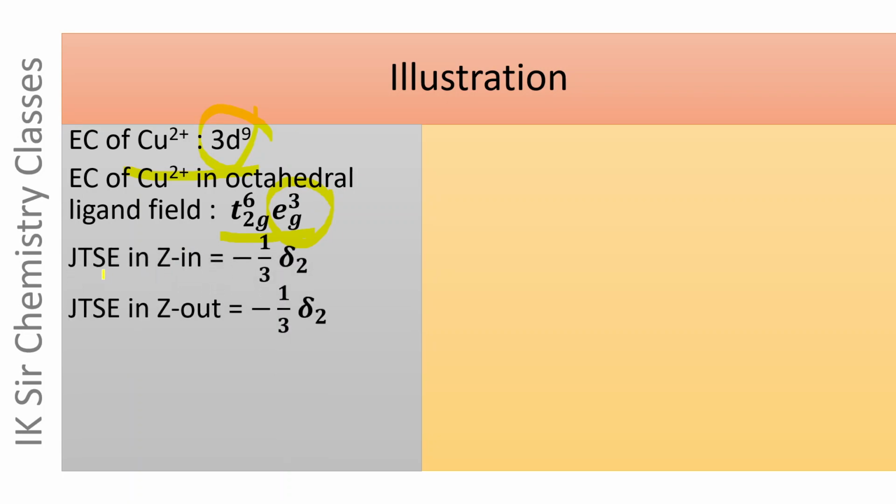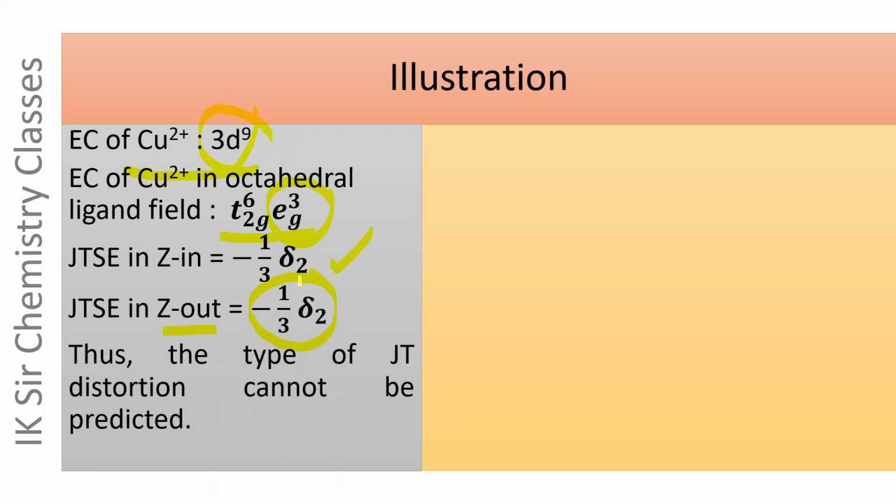The Jahn Teller stabilization energy in the Z in configuration is minus 1 by 3 delta 2, and the Jahn Teller stabilization energy for the Z out configuration is again minus 1 by 3 delta 2. The Jahn Teller stabilization energy for Z in and Z out configurations is the same. Thus, the type of Jahn Teller distortion cannot be predicted.